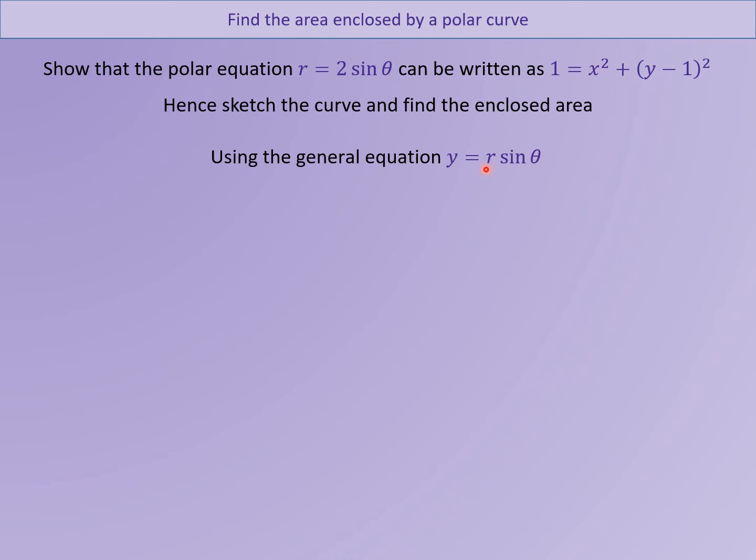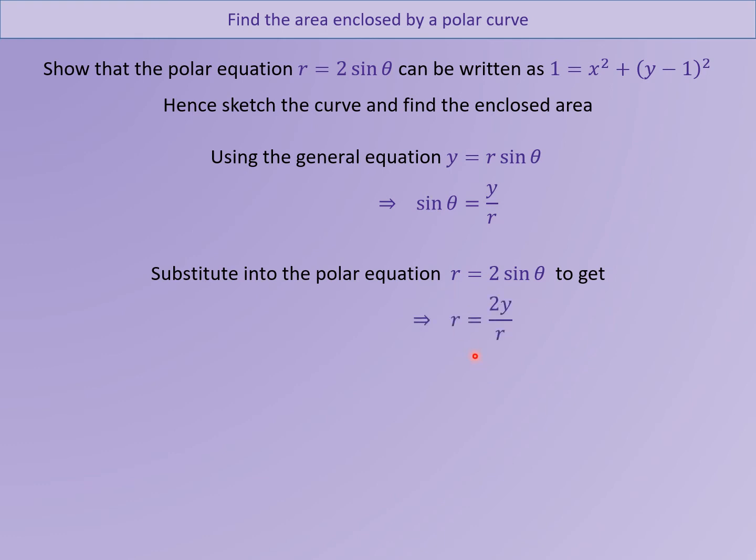So the general formula, this is converted from there to there, is knowing that y equals r sine theta. So I know that y equals r sine theta. I could rearrange it, and that tells me that r equals 2 sine theta would go to 2y over r on this side.